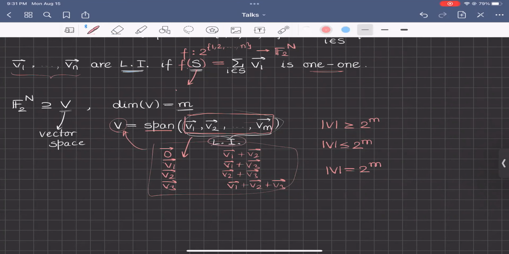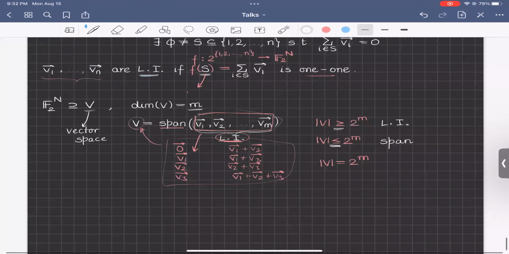This is important. So we get this lower bound because of linear independence, and this upper bound because it spans the entire vector space. If you take any M vectors, even if they're not linearly independent, you can only make 2 to the M different vectors out of them. So which is why this is an upper bound.